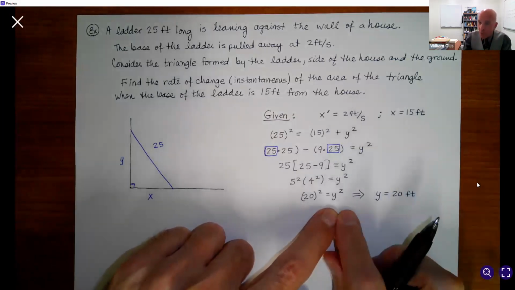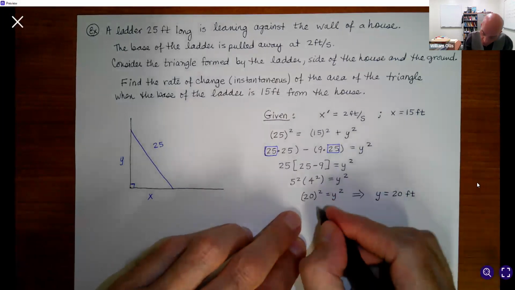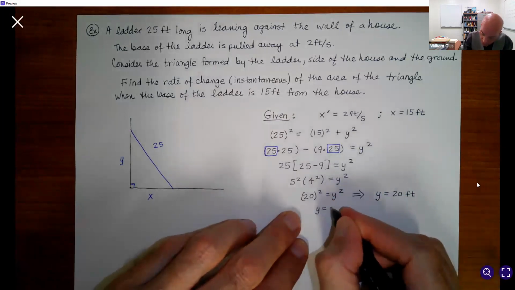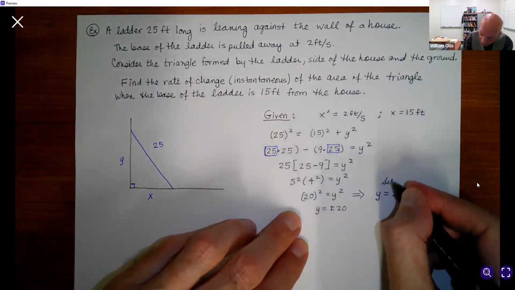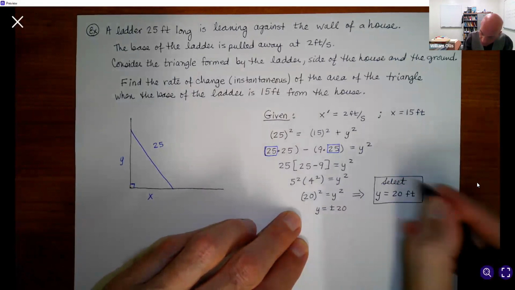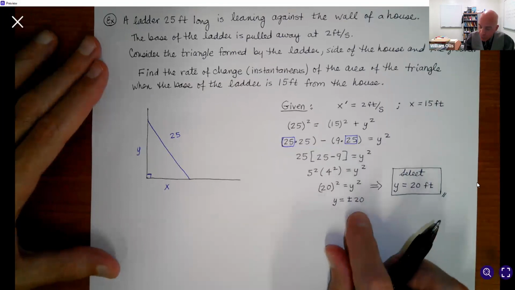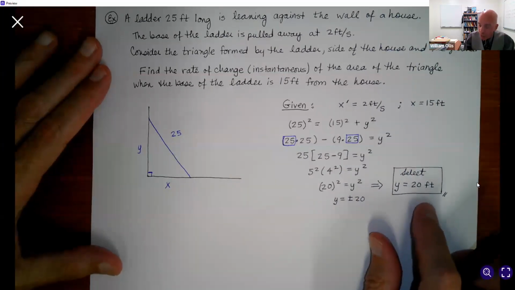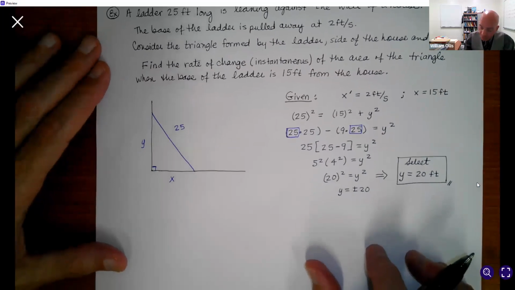Of course, the square root property gives the plus and minus, but relative to the problem, we just need the 20 feet. So we could say y equals plus or minus 20, and then we select, based on the problem, the positive response. So not to ignore the algebra, we simply are focusing on the value of y that makes sense relative to the problem.